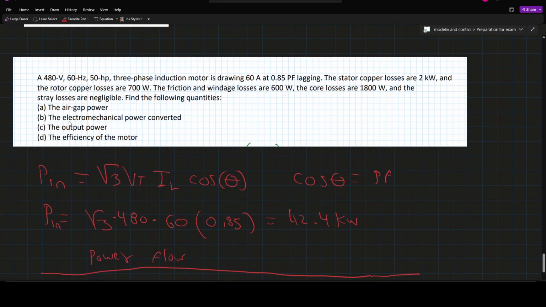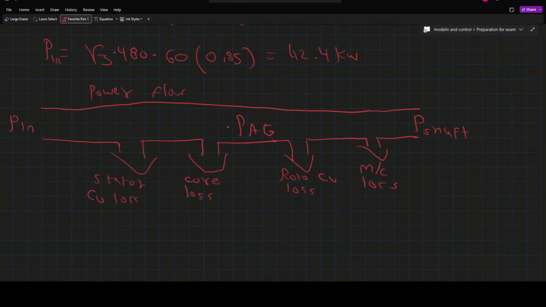So the air gap power here is the power in minus the stator copper loss minus the core loss.